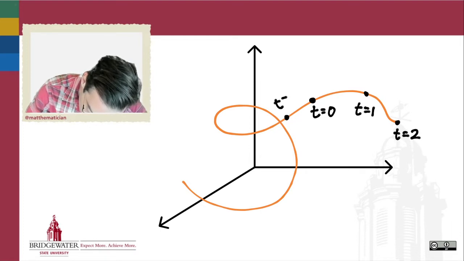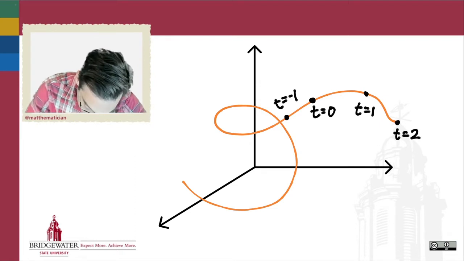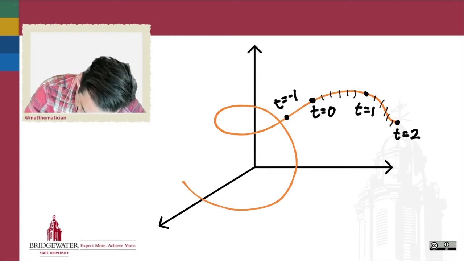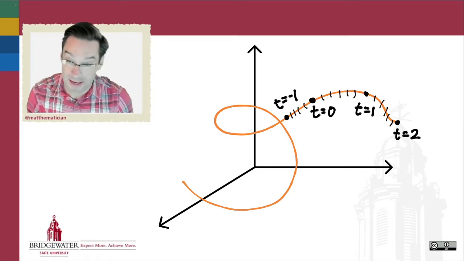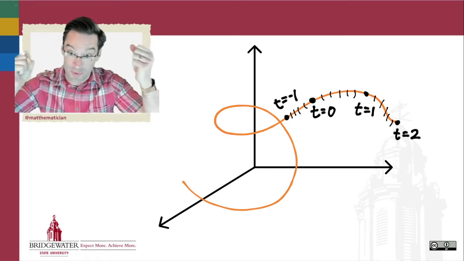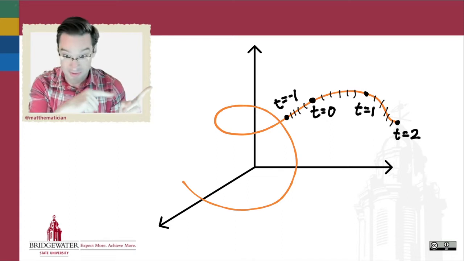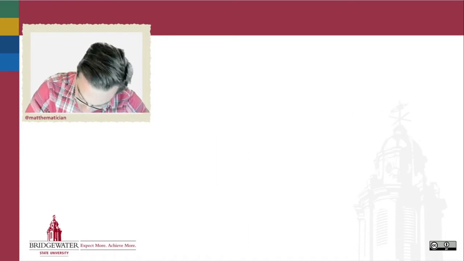So it's almost like what we're doing when we parameterize a curve is setting up a little number line along the curve. And the parameter measures where we are along that number line. It tells me how I could take the whole real number line and bend it around inside of 3 space to make this curve. So morally speaking, that's what it is to parameterize a curve.